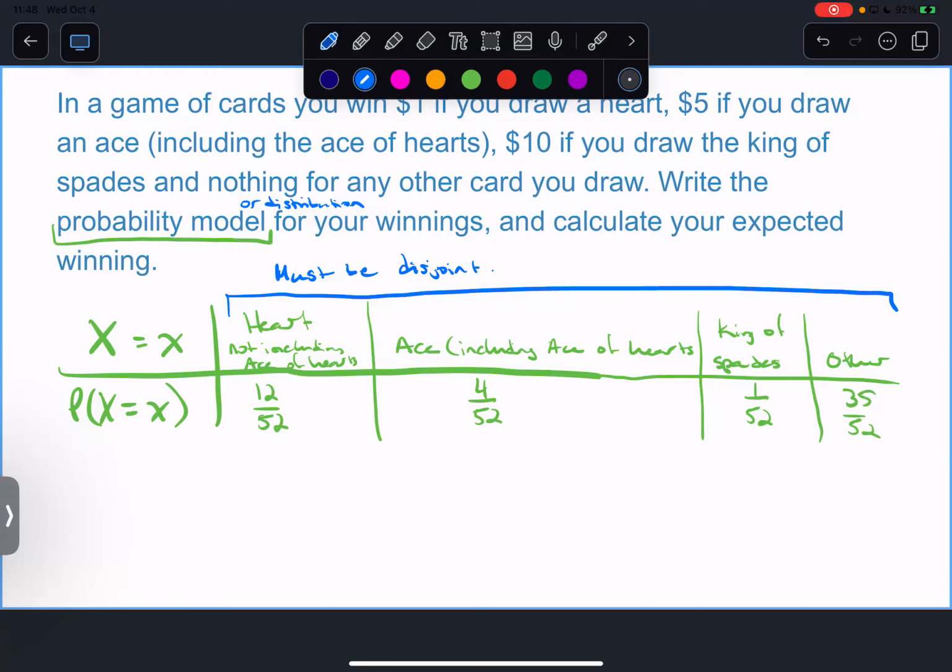Drawing the king of spades, for example, is the outcome, right? But the monetary outcome is really what we're interested in. So I'm going to map out, because I want to find my expected winning.